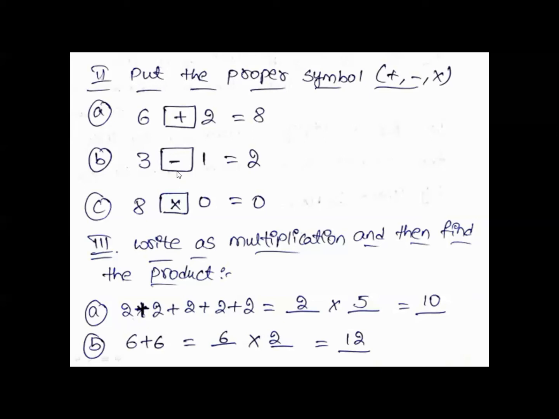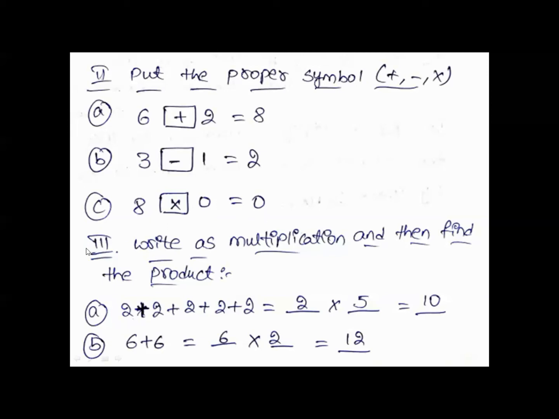From 3, we will get only 2. The proper symbol is minus. C1, 8, 0. Product 0. What do we have to keep? 8 plus 0, how much? 8. 8 minus 0, 8. 8 into 0, 0. The product is 0.